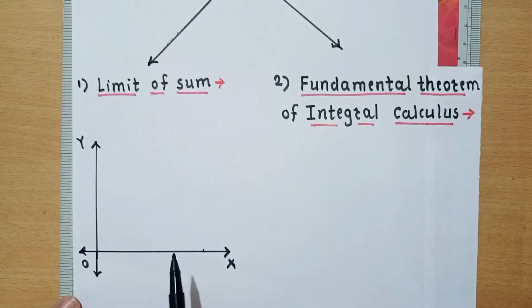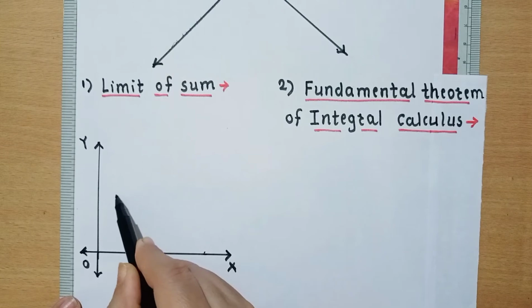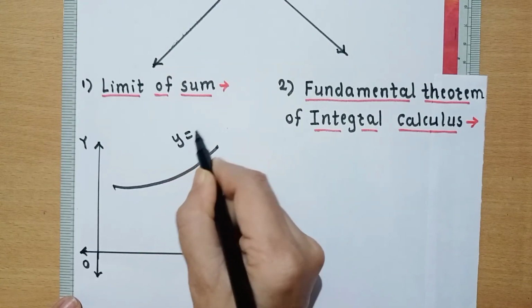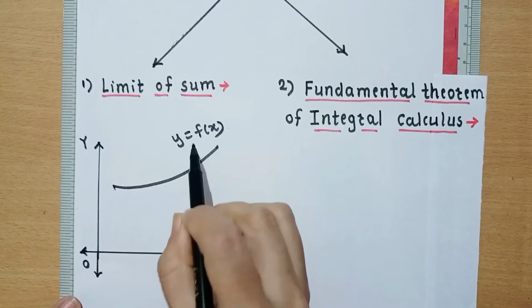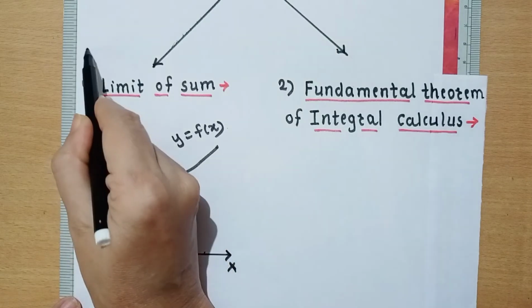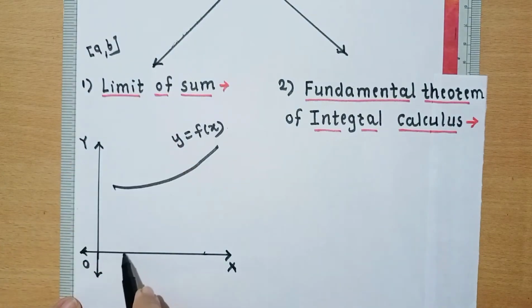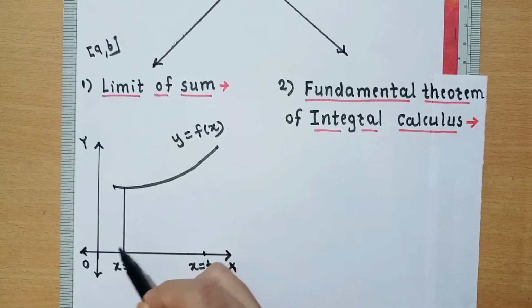So this is the xy plane and here we are going to consider the curve. Let this be the curve y is equal to f(x), and we are considering this curve in the closed interval [a, b]. So we will consider here x is equal to a and here x is equal to b. Now we will draw the line x is equal to a, and now we will draw the line x is equal to b.